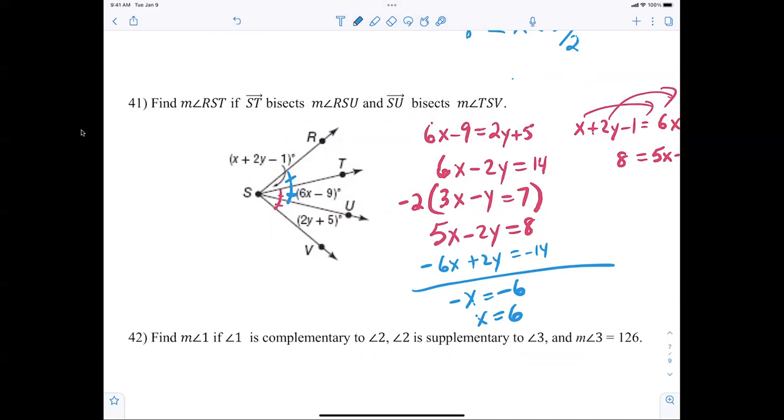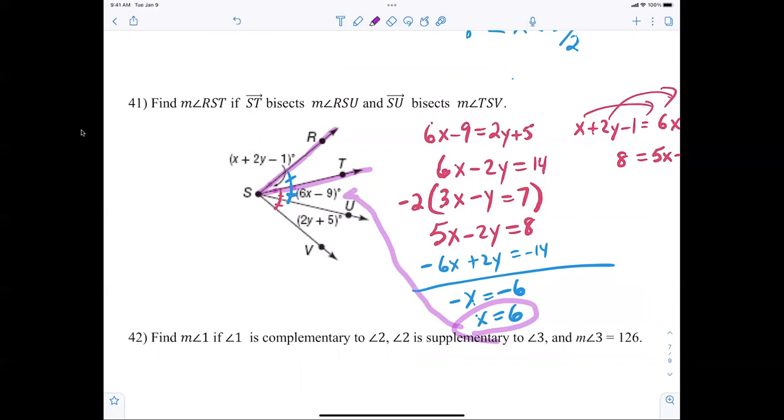And we're trying to find RST, so let me highlight RST. Does everybody agree with that? But does everybody agree RST is the same as TSU, which is the same as USV, correct? So do we agree I have X equals 6, right? Do I really need to find what Y is? No, because I can plug it right in here and that'll be the answer.